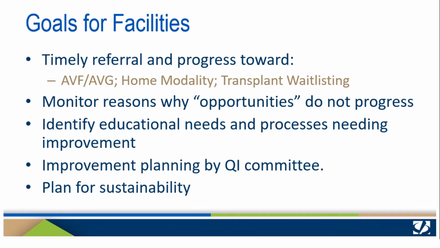We ask that you perform your improvement planning with your Quality Improvement Committee, and that as you improve and as you make changes and implement processes, that you consider planning for sustainability by developing process and procedure that will hardwire the processes you've implemented and will help your facility in sustaining that improvement.